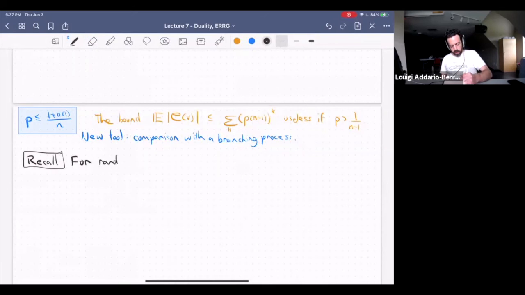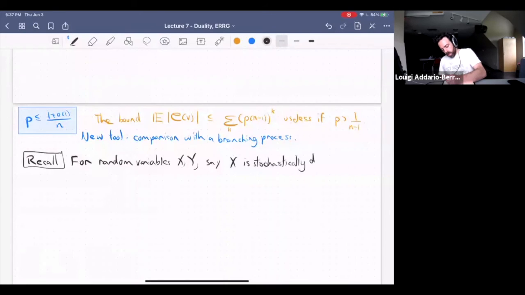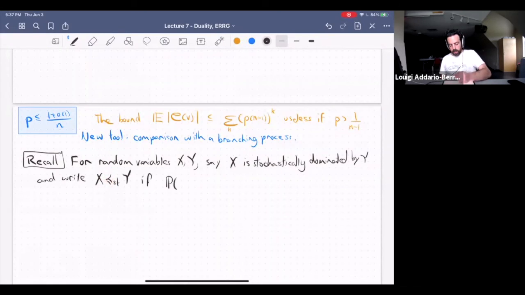So for random variables X and Y, we say that X is stochastically dominated by Y. The notation for that is X precedes-or-equals Y. This just means that the probability that X is at least t is at most the probability that Y is at least t, for all real t.